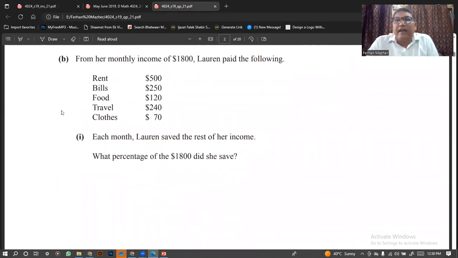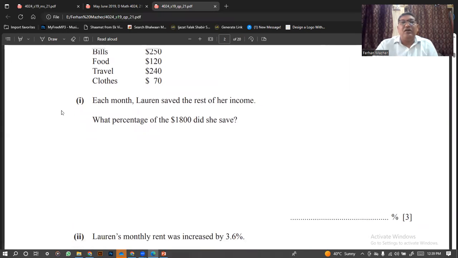Question number 1, it's B part. From her monthly income of $1,800, Lauren paid the following: rent, $500, bills, $250, food, $120, travel, $240, clothes, $70. Each month, Lauren saved the rest of her income. What percentage of the $1,800 did she save?